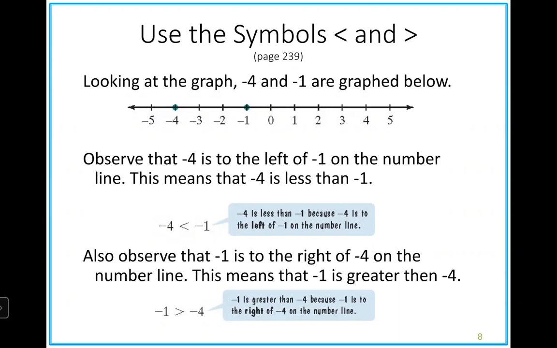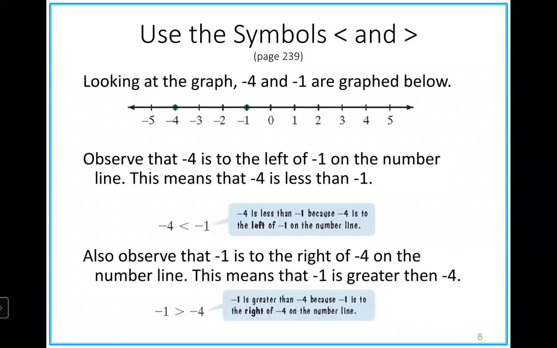Decreasing. Okay, decreasing, that's Miss Pratt. Miss Fernanda, what happens as we move to the right on the number line with the size of the numbers? They would increase. Increase, okay.